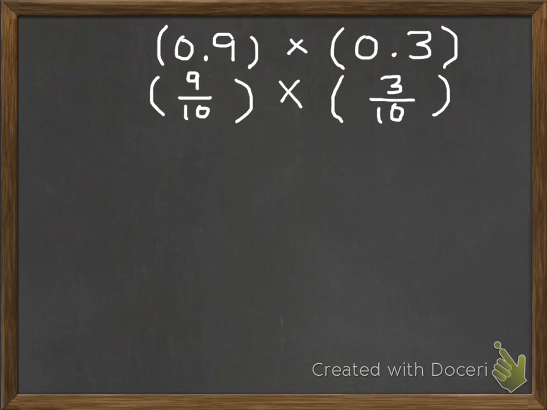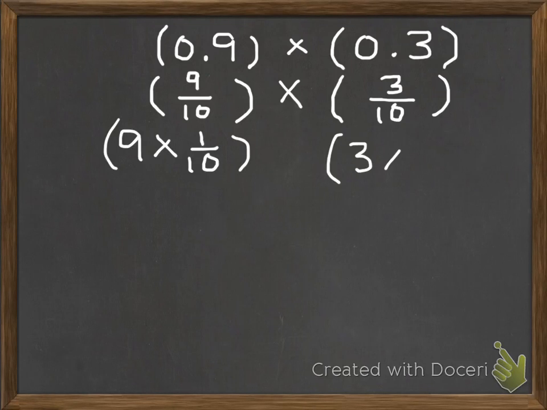Now, I want to separate out a whole number from my fractions and break them down even further. So let's look at 9/10. 9/10 is really 9 1/10ths, which means the same as 9 times 1/10. 3/10 is really the same as 3 1/10ths, so we can say 3 times 1/10.